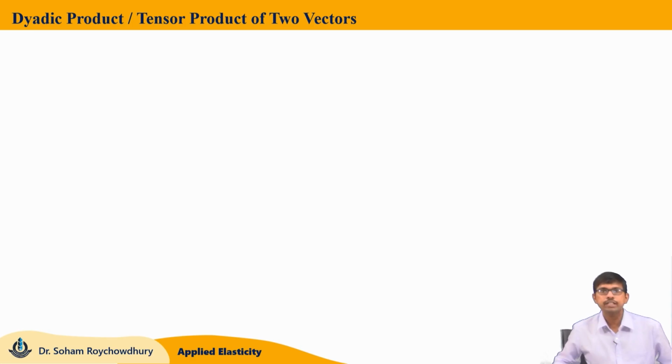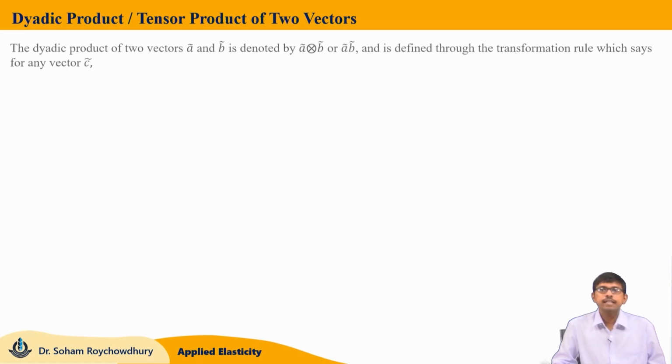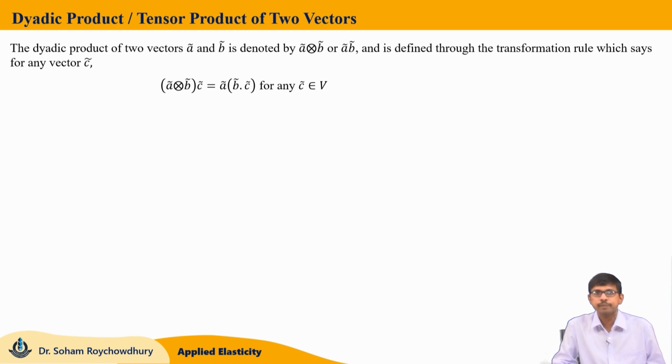Now, coming to the definition of the dyadic product or tensor product of two vectors. Consider two vectors A and B. Their dyadic product or tensor product is defined through this transformation rule for any other vector C defined in the vector space: A dyadic B acting over C equals A times B dot C. Here C is any arbitrary vector in the vector space, and this particular sign is called the dyadic product sign.